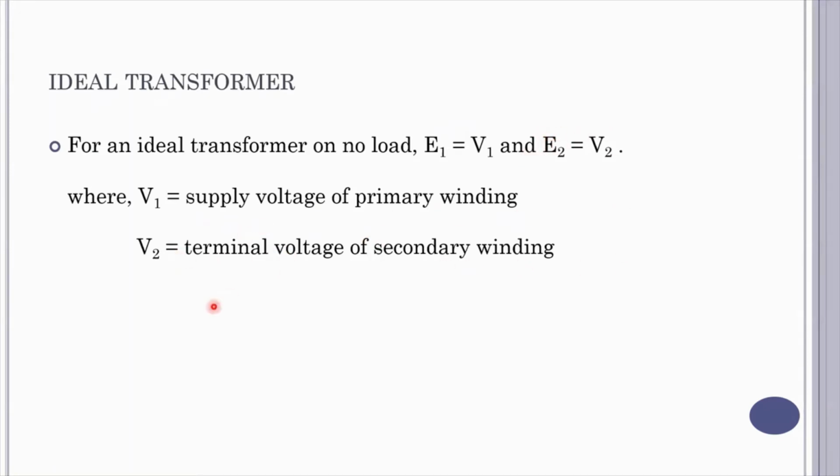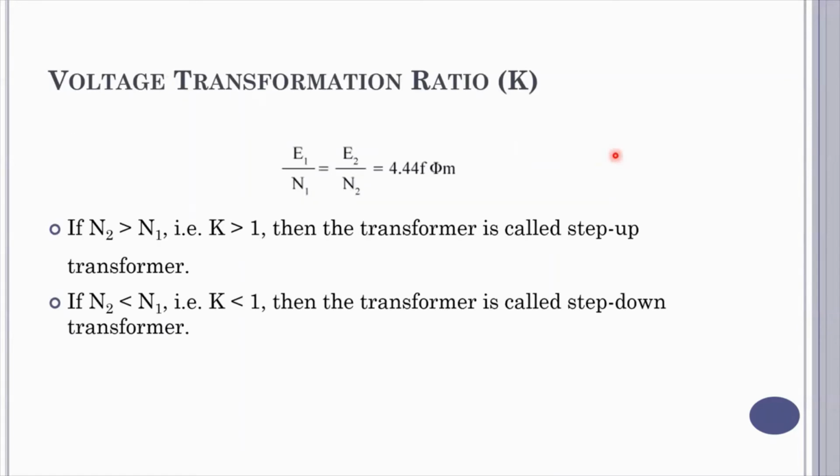So the terminal voltage of the secondary, V2, is equal to the value of EMF induced along the secondary winding only in case of an ideal transformer. But in practice, we don't have an ideal transformer. There is always some voltage drop, and hence E1 will not be equal to V1 and E2 will not be equal to V2 in practice.